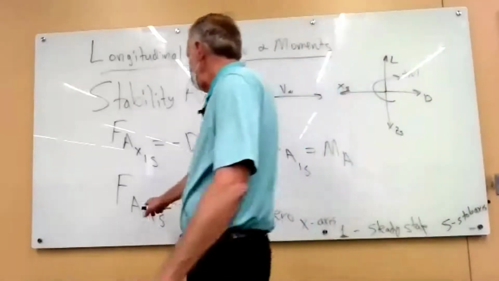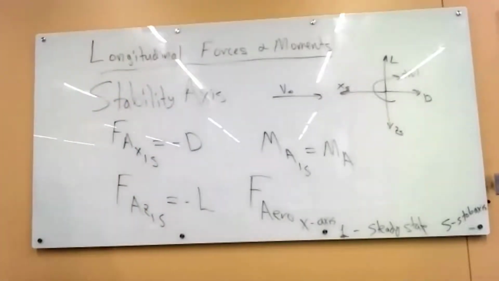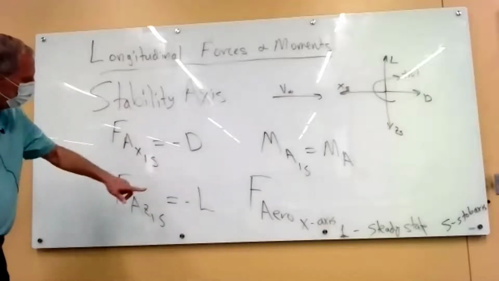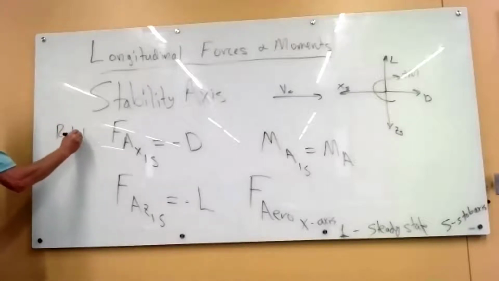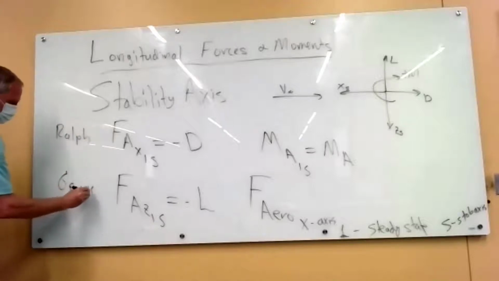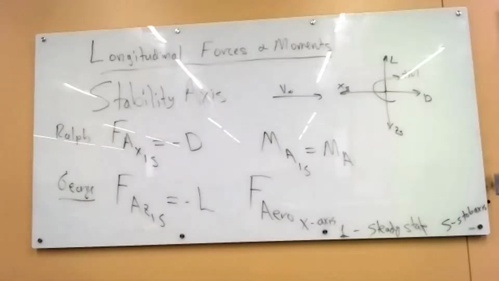And if I replace the A with a T, then we get the thrust. And if I replace the X with a Z, then it's the Z force. If I replace it with a Y, then we're talking side force. So the subscripts help us keep track instead of calling this one Ralph and this one George. Then we just have more stuff to remember, right? So we're good on that.